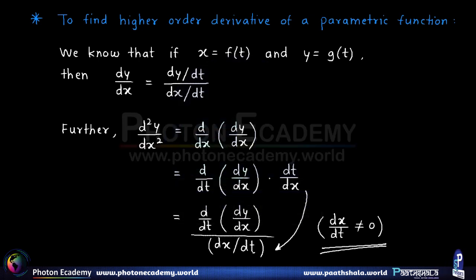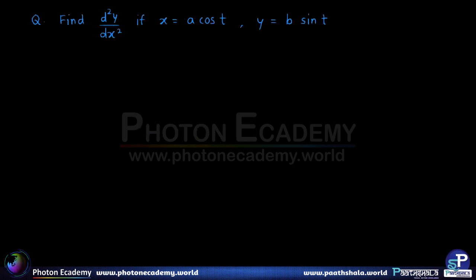Now let us solve one example related to this. Find d square y by dx square if x is a cos t and y is b sin t.